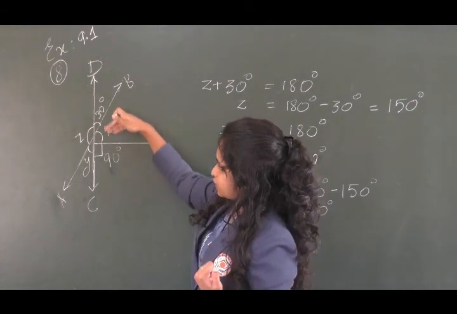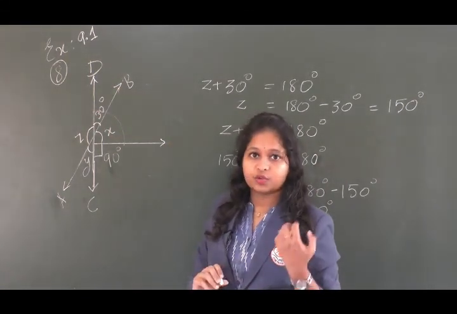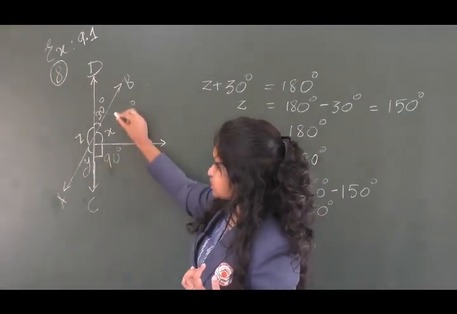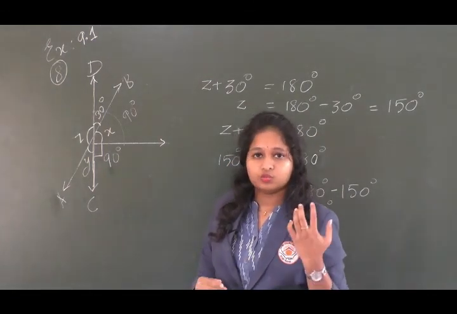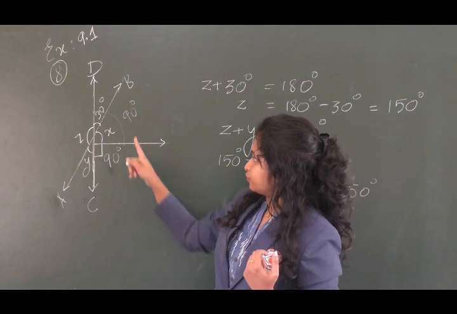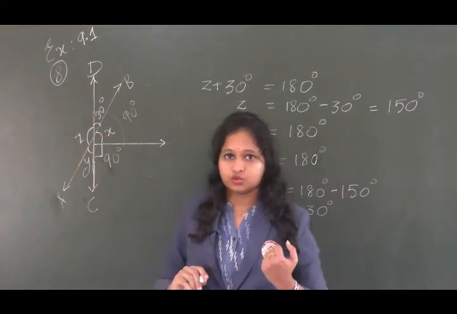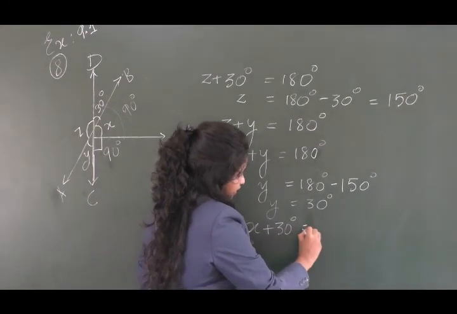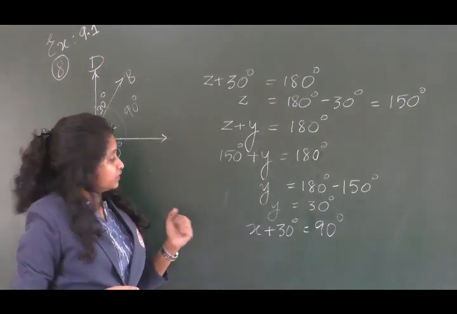And what will this part be? This whole angle will also be equal to 90 degree because this forms a straight line and the sum of angles should be equal to 180 degree. So from this we can conclude that x plus 30 degree is equal to 90 degree.